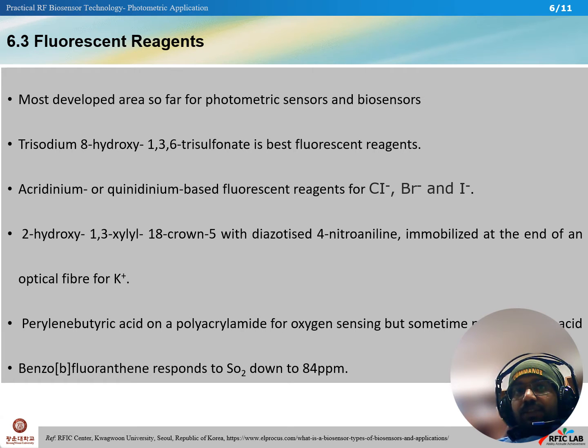Perylene butyric acid on a polyacrylamide is used for oxygen sensing, but sometimes other acids are also used to sense oxygen. Now benzofluoranthene responds to sulfur dioxide, but it is very low, that is 84 ppm.